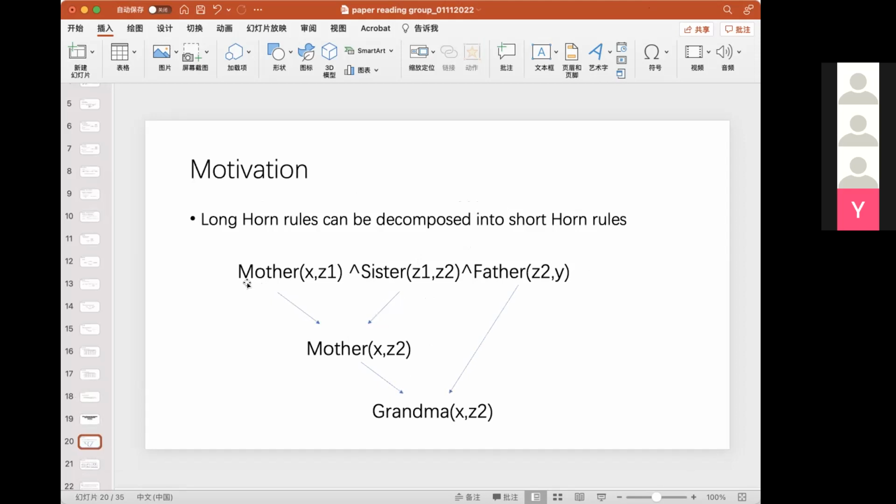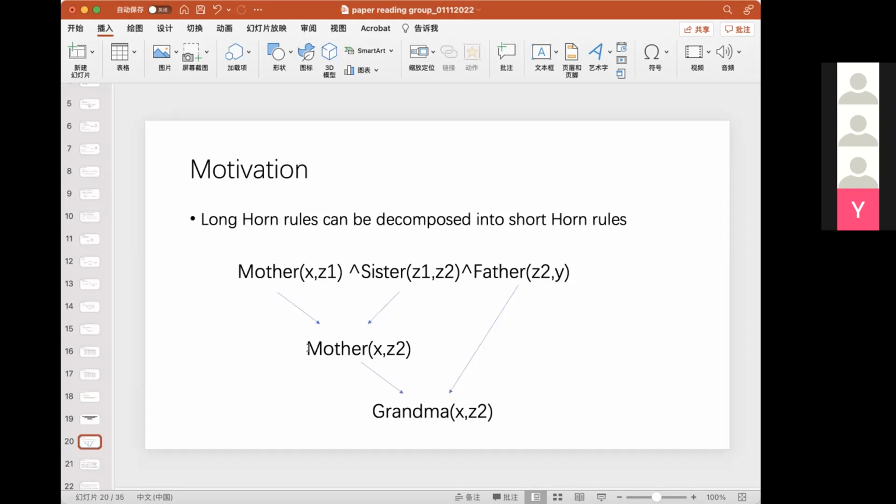We have a rule body: mother(X, Z1), sister(Z1, Z2), and father(Z2, Y). By combining the first two predicates in this rule body, we can infer that X is the mother of Z2.